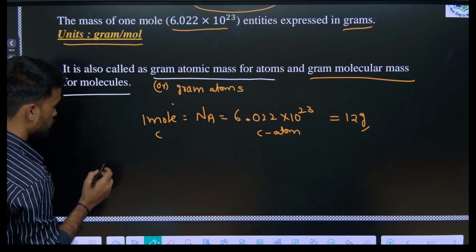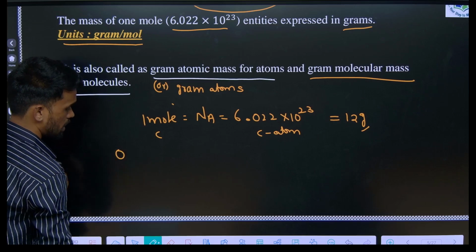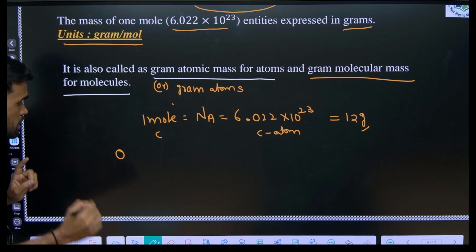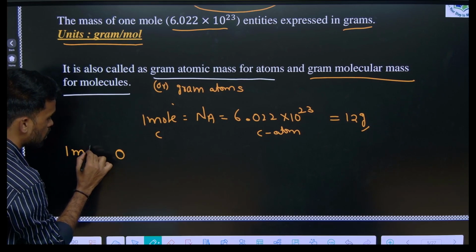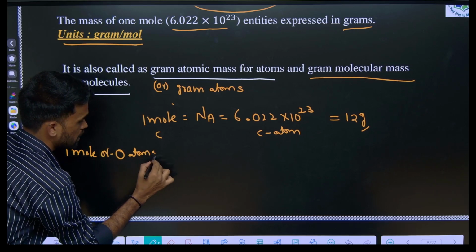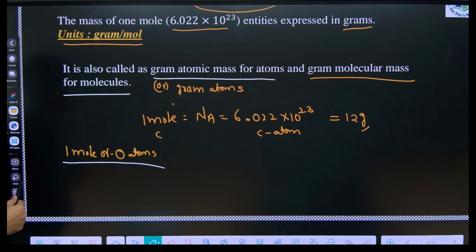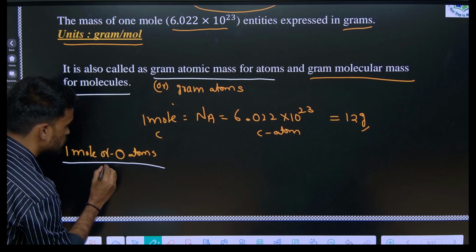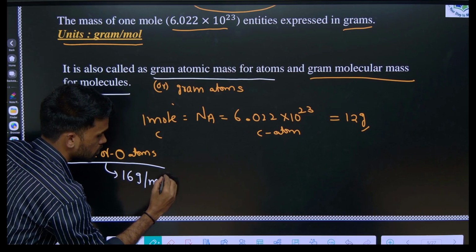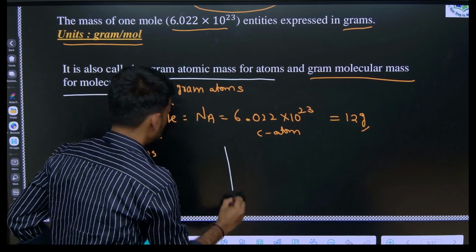If I take 1 mole of oxygen atoms, what is the molar mass? It will be 16 gram per mole. Here it is an atom.